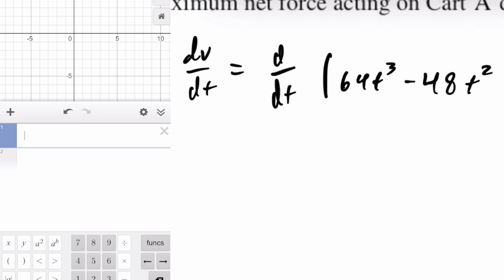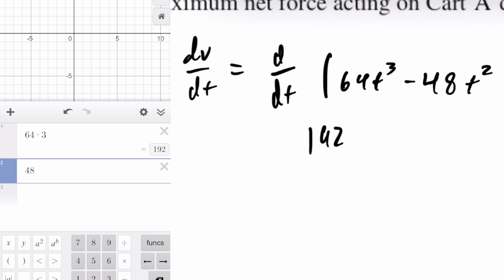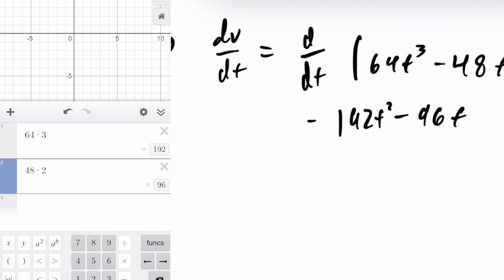The derivative is going to be, what's 64 times 3? 192, minus 48 times 2, which is 96. So 192t squared minus 96t, and the constant is dropped because it's a derivative. So here's my a of t.